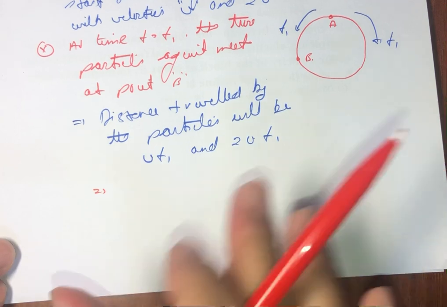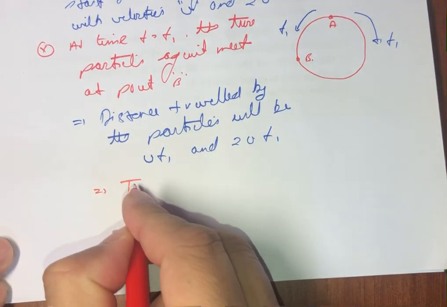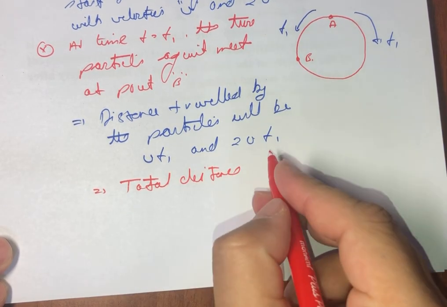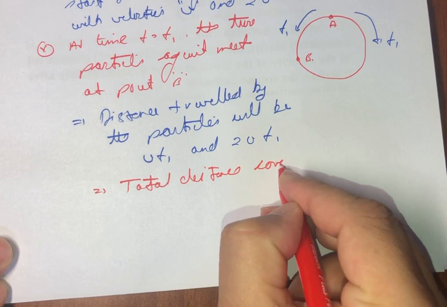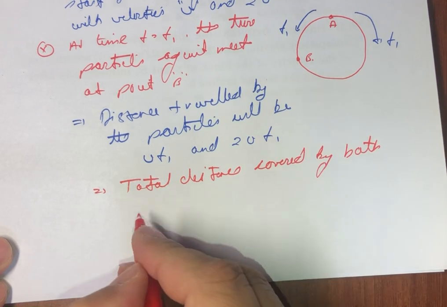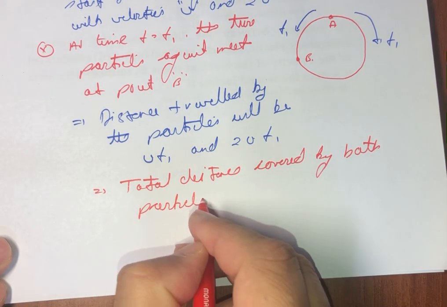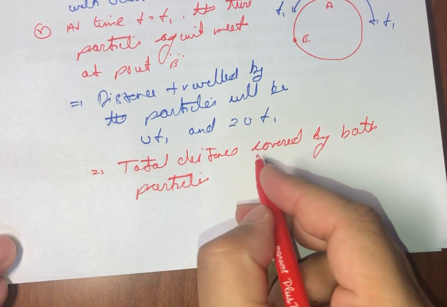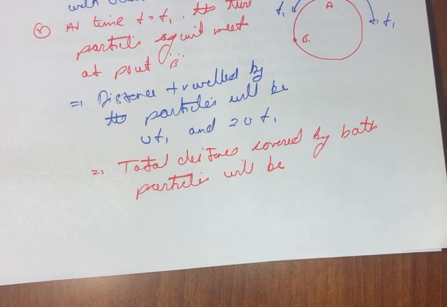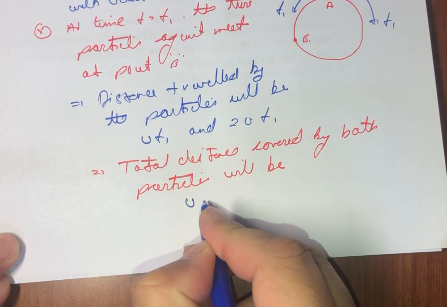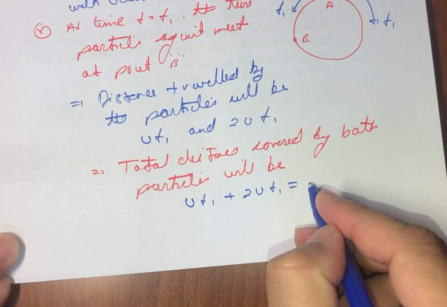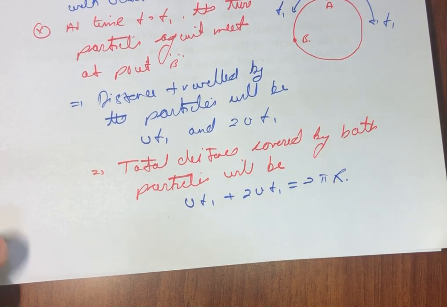So the total distance covered by both particles is vt1 plus 2vt1 equal to 2 pi r.